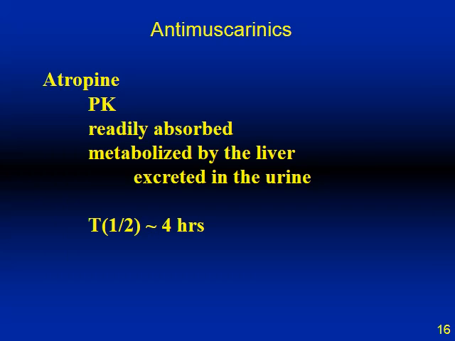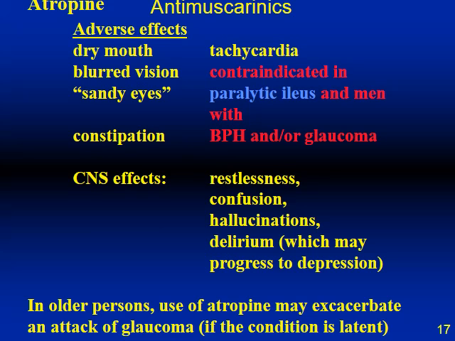If we look at some PK parameters regarding atropine, we see that the drug is readily absorbed. We know it crosses the blood-brain barrier. We know it's metabolized by the liver and excreted primarily into the urine. We know that there are several adverse effects associated with atropine, many of them predictable based on its pharmacology.